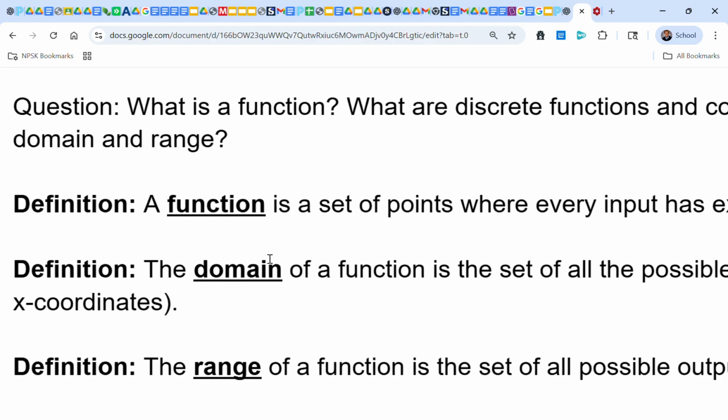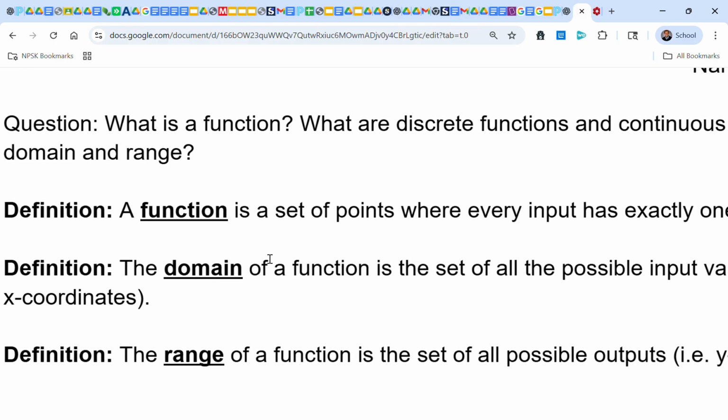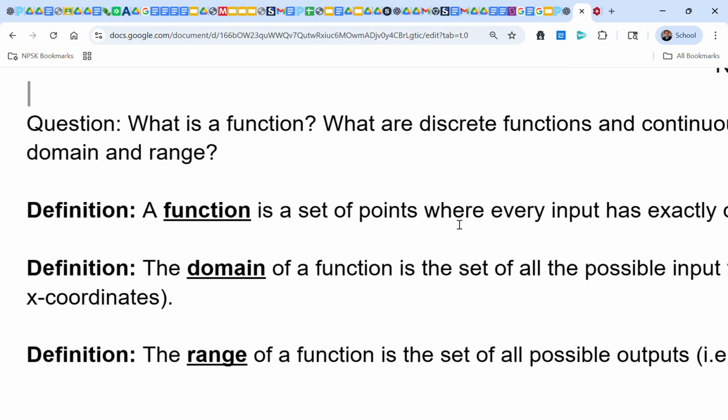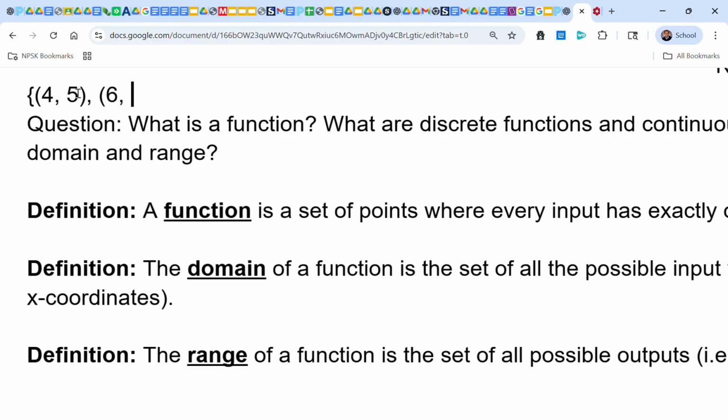Now, a function in general is a set of points where every input has exactly one output. So a set of points, well, that would look like a set with different points. Well, this is a point. This right here is a point.